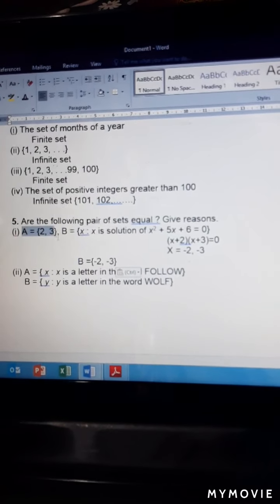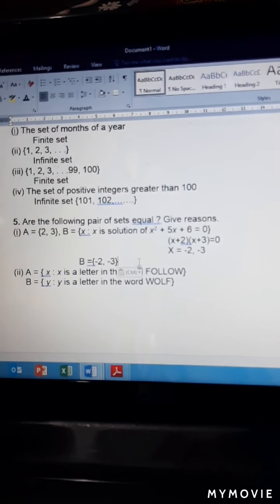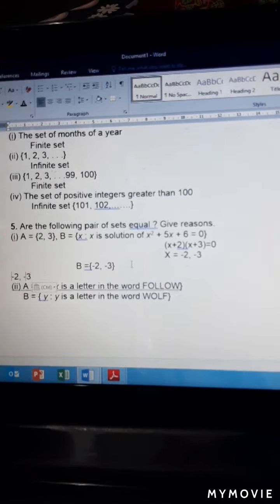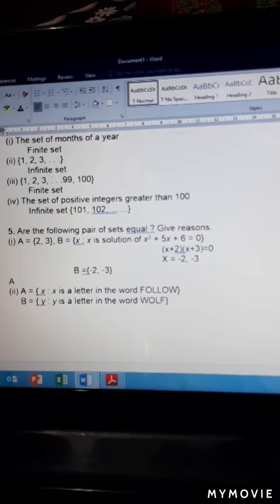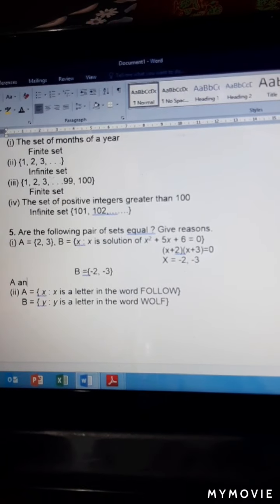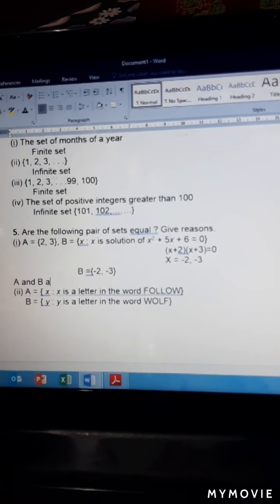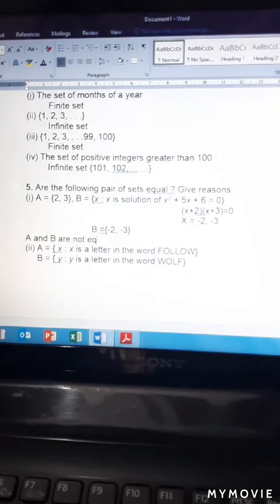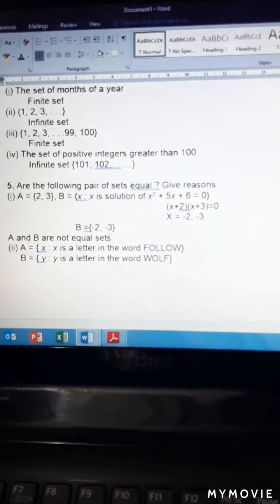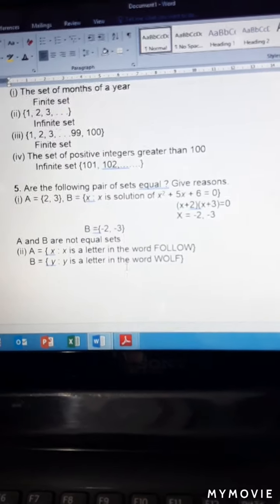So clearly here A is 2, 3, B is -2, -3. So therefore A and B are not equal sets.